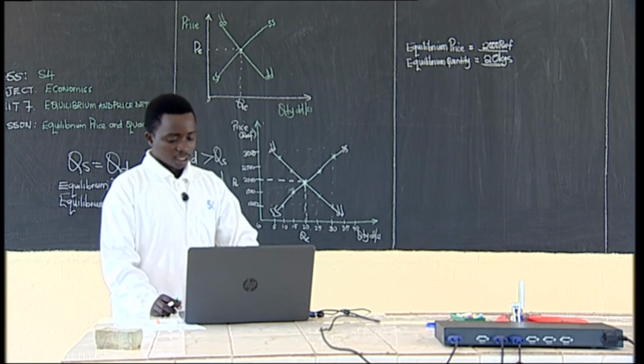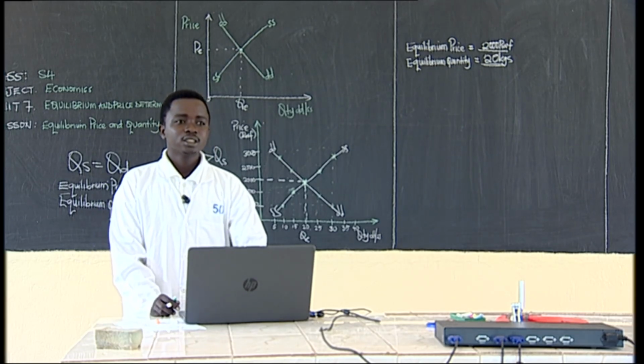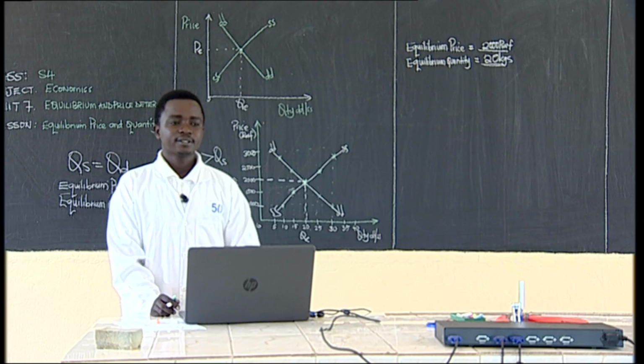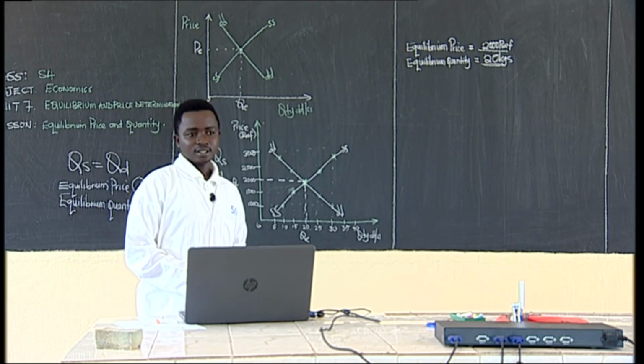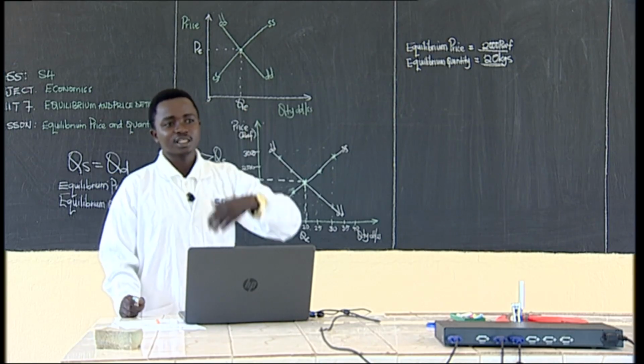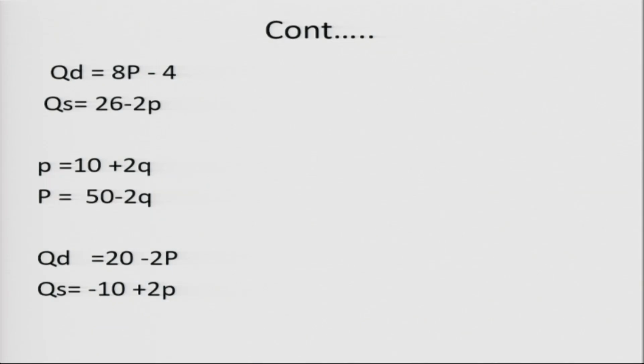Then let's see how you can use given equations to determine equilibrium price and equilibrium quantity. So we have a system of linear equations there, which we can solve to determine quantity demanded, quantity supplied, and the equilibrium price and equilibrium quantity.